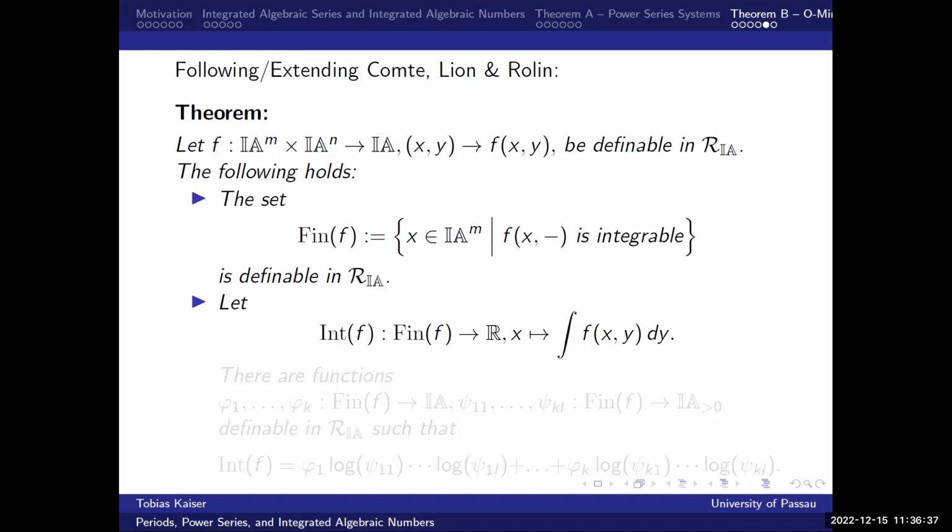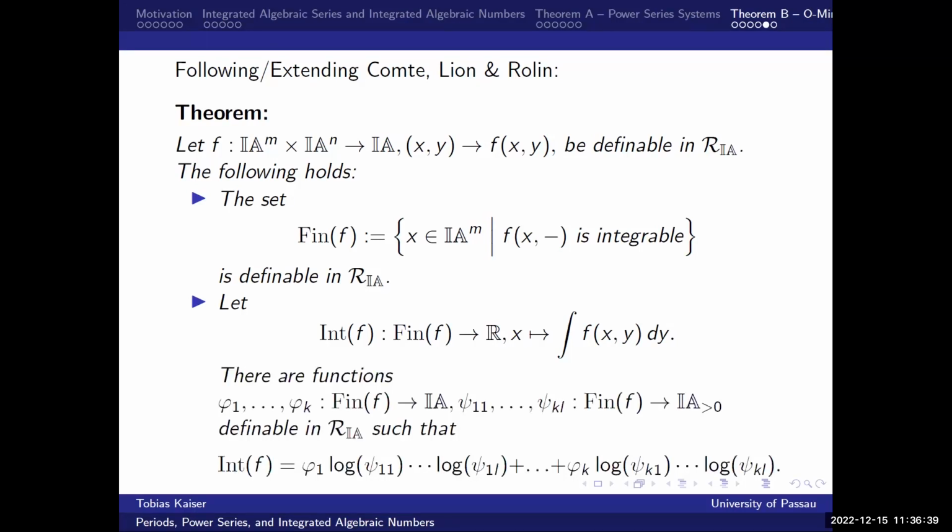And this can be described in a very nice way. Namely, there are functions definable in my structure, general ones and positive ones, such that this parameter integral is given as a sum of products of my definable function and the logarithm of definable functions.